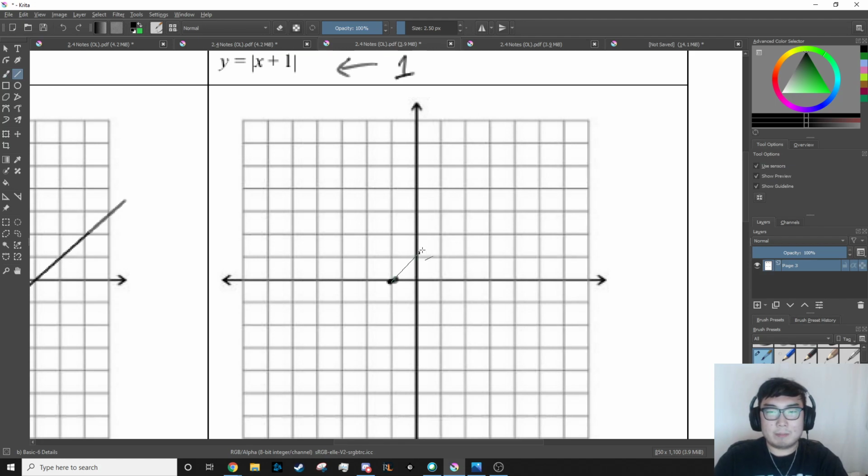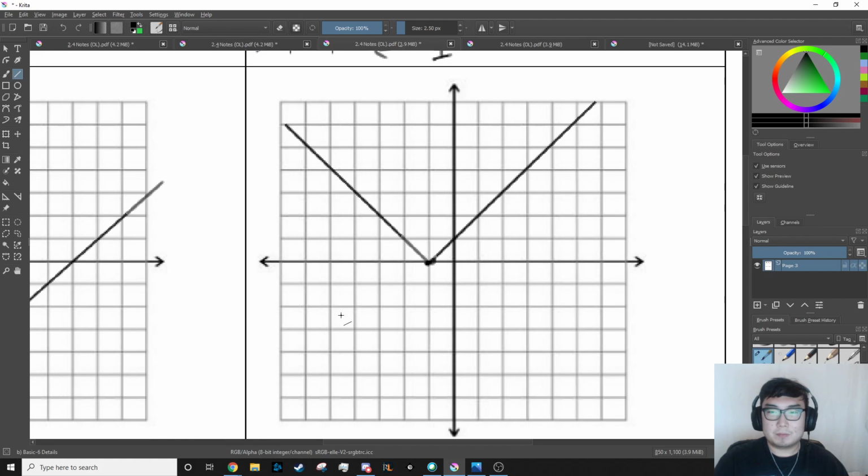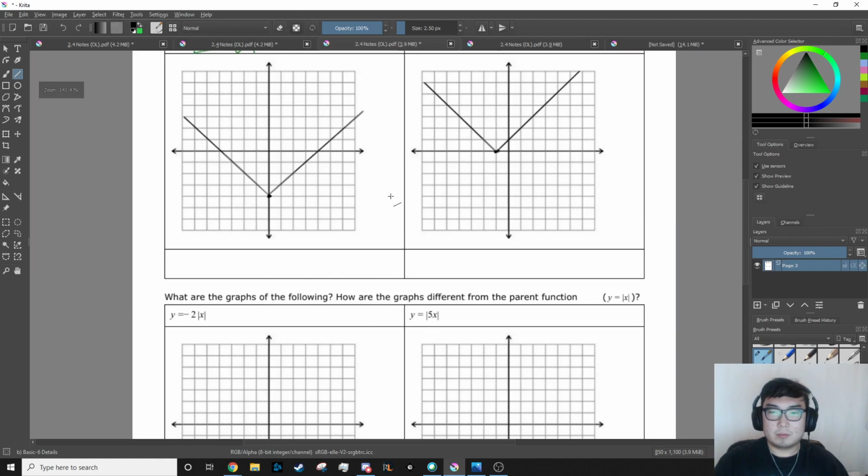And then I just draw my absolute value function, like whatever. This graph isn't to scale apparently, but yeah, like so. Nice.